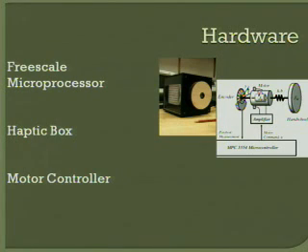To implement this oscillator, we are given the following hardware. First, we have a Freescale MPC5553 microprocessor, and a haptic box connected to the microprocessor, which contains an encoder for position measurement, a motor, and a hand wheel. To command the motor, we have a motor controller and power unit.